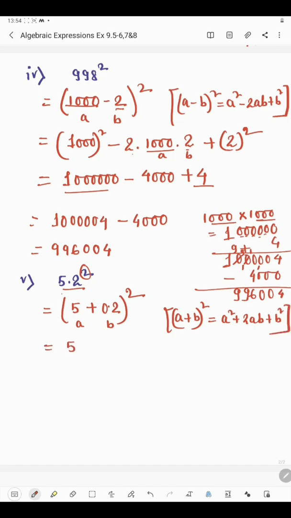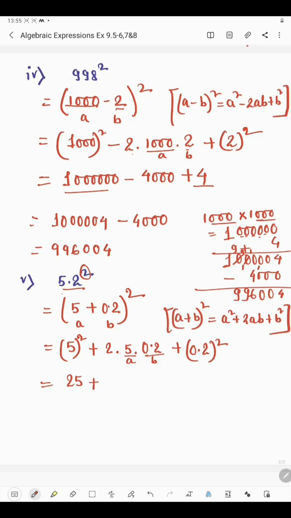So a square means 5 whole square, plus 2 into a, which is 5, into b, which is 0.2, plus b square, so it's 0.2 whole square. So 5 square means 5 into 5, 25.